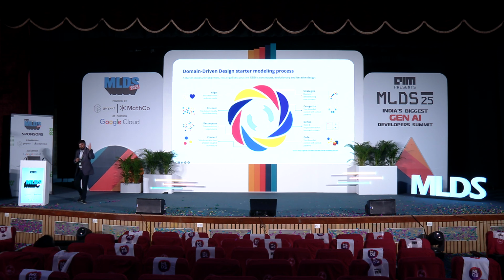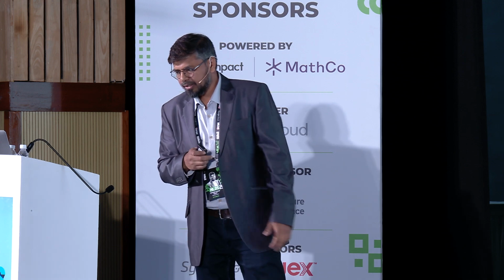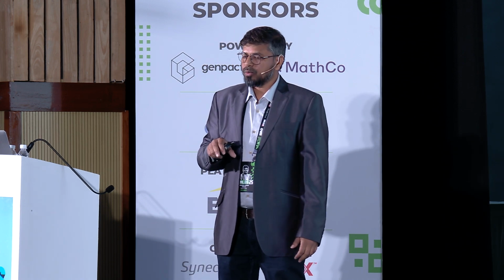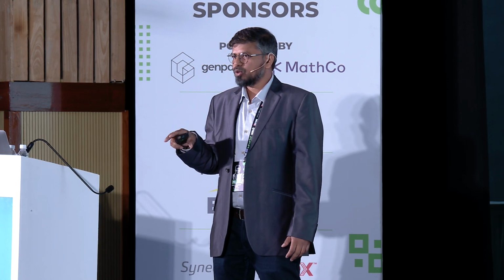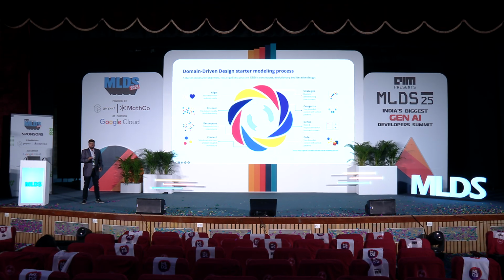And later it will come, you might have the question, why not API or event? It will come later. But first level, how are you going to share the data and capability from one team to another team, one domain to another domain in the enterprise? That is important. And then strategize them, whether it is a core domain, supporting subdomain or generic subdomain, to decide whether I have to go for buy, build, or outsource.